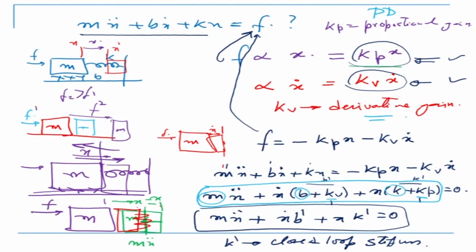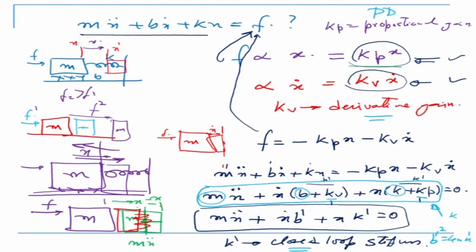Now if I want to find the values of kp and kv, because I have one equation with two unknowns, you cannot find them exactly. Okay, so we basically need two conditions. One is I assume closed loop stiffness, which means b dashed squared is equal to 4m k dashed. So there is a critically damped condition. Another condition is I'll need the value of either kp or kv. Otherwise I cannot solve this equation.